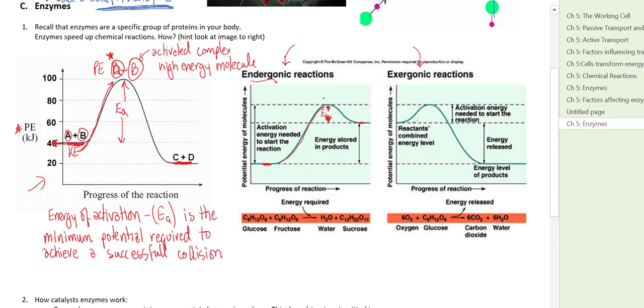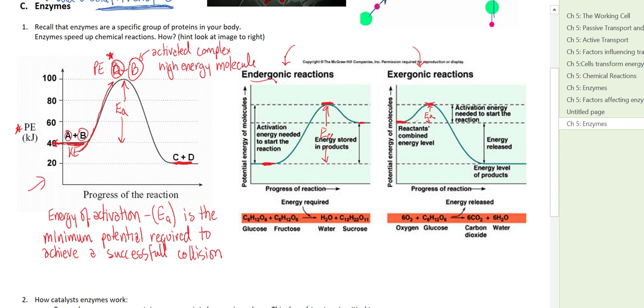And I've drawn that one incorrectly here, so hang on one second. So on this one, the energy of activation goes from where the reactants are to where they need to get to. So this represents the energy of activation in this endergonic reaction. Over here, the reactants are here, and they need to get to here. So the energy of activation here is much smaller, okay?